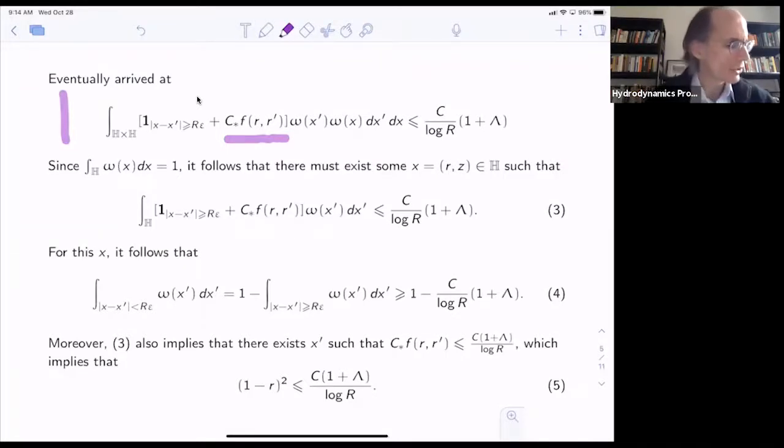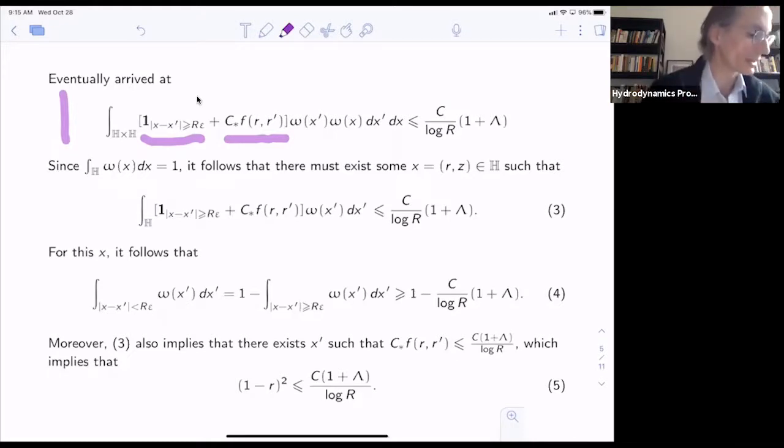And then here we have an integral away from the diagonal of omega prime. This is really telling us that away from the diagonal, there's not much stuff. And that's what we want. We want to show that the vorticity is concentrated near where x is equal to x prime.